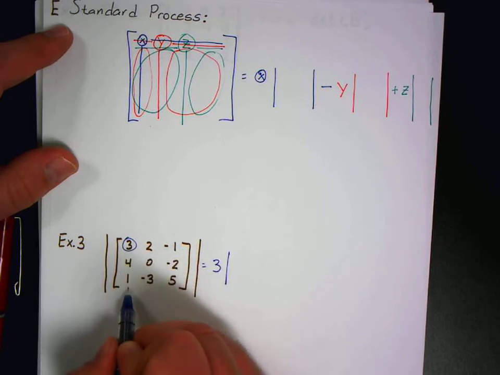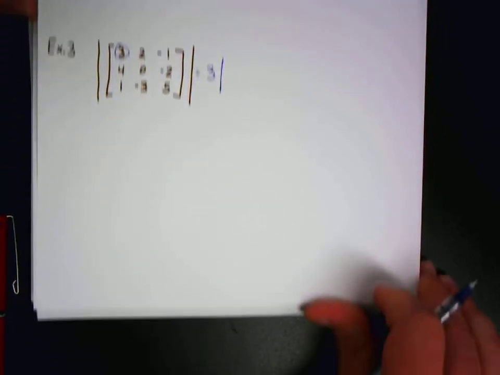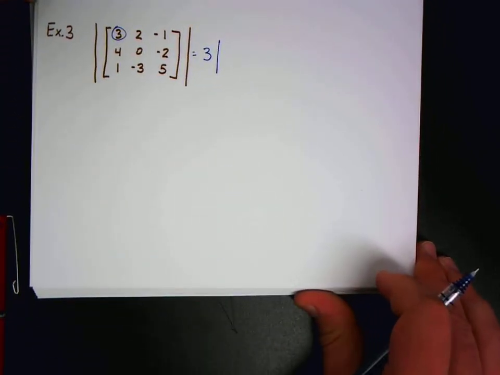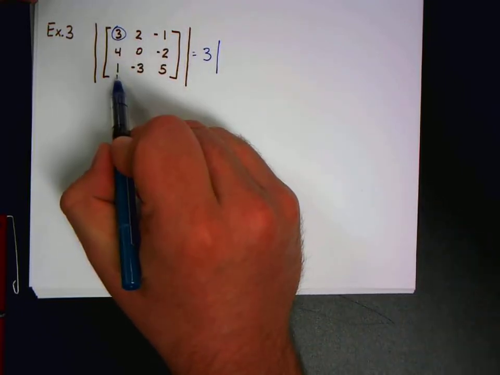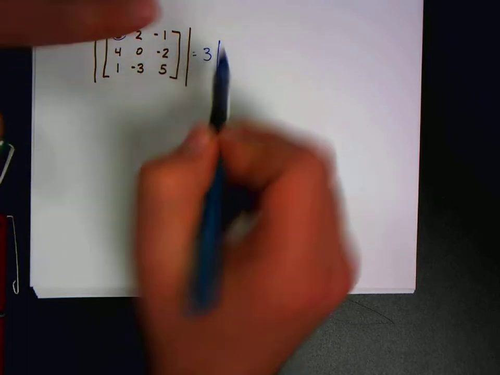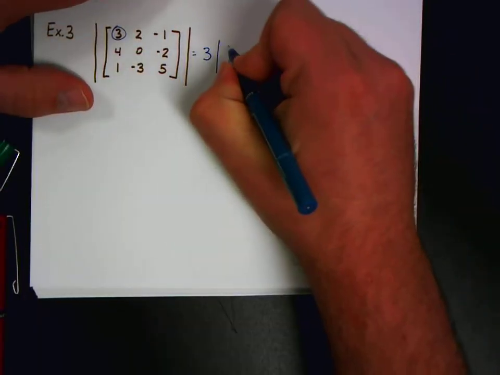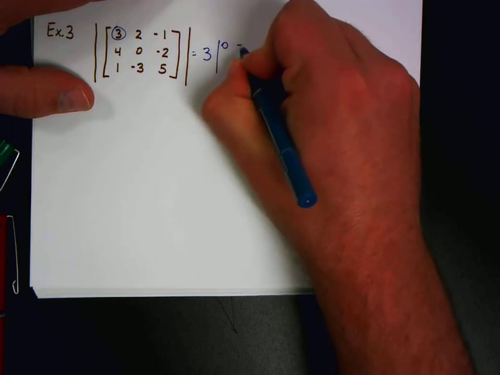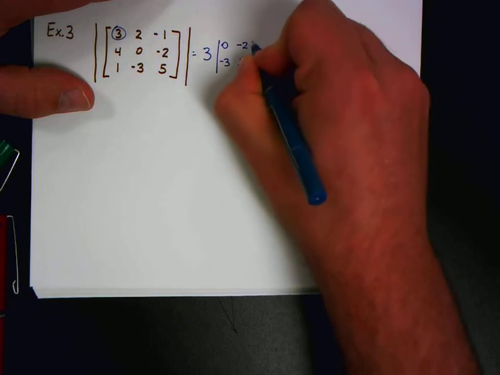So what's left over is that. So I'm going to take that 3 times the determinant of 0, -2, -3, and 5.